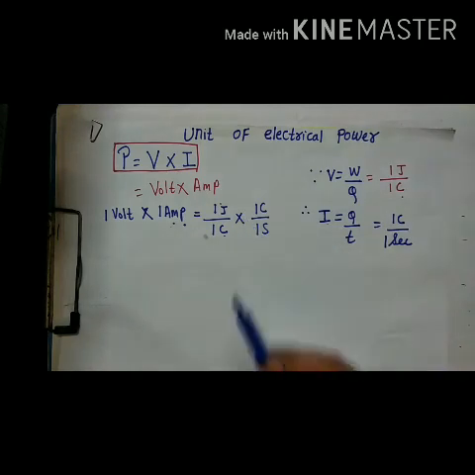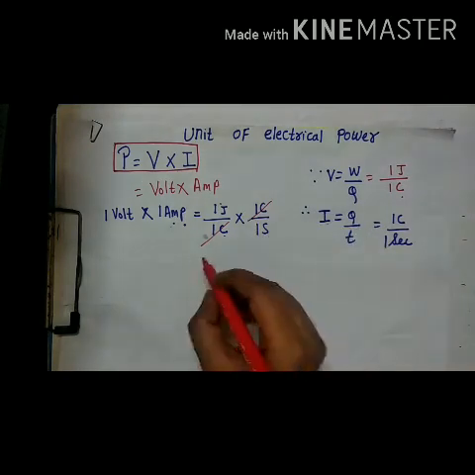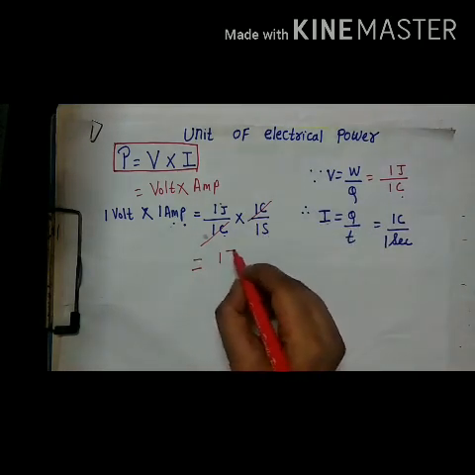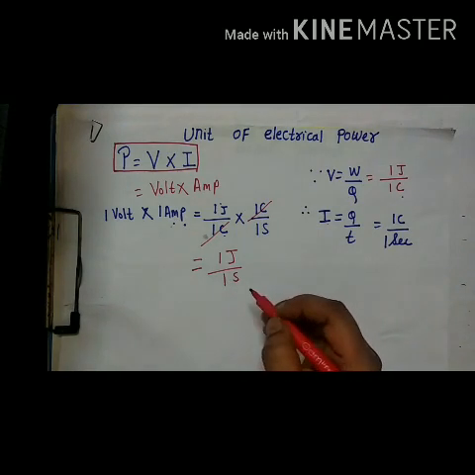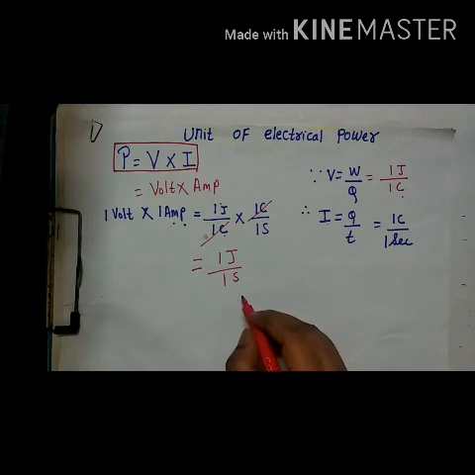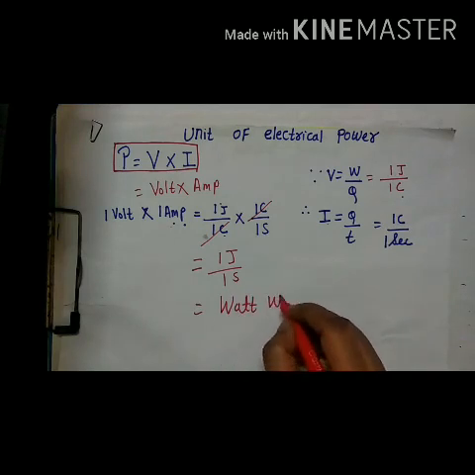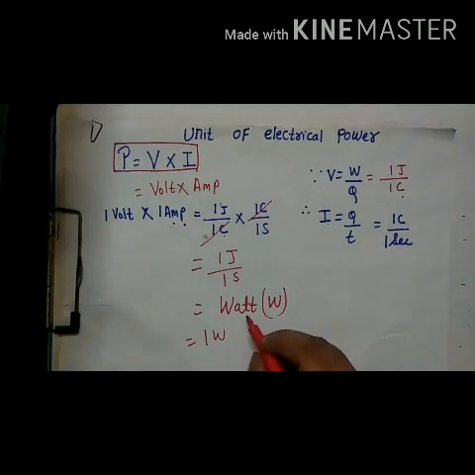So 1 coulomb gets cancelled and the unit becomes 1 joule upon 1 second. But students, we know 1 joule upon 1 second is watt, that is W. So the unit for power is 1 watt.